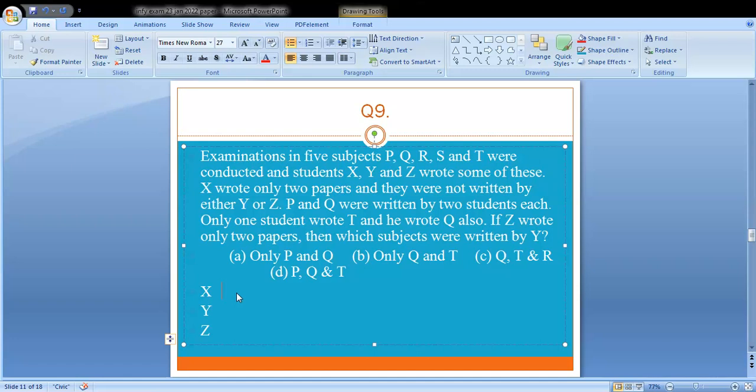Now what he is giving: Z wrote only two papers, that is Q and T. X wrote two papers, it's clear.